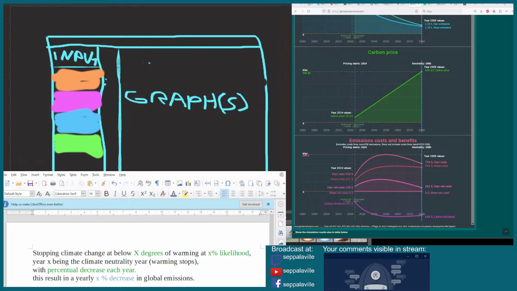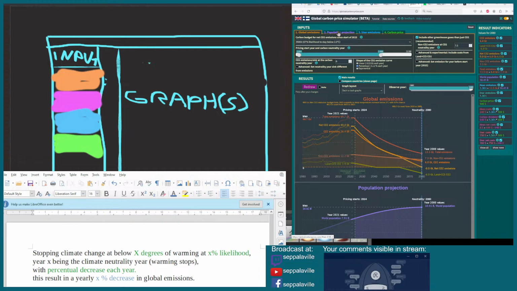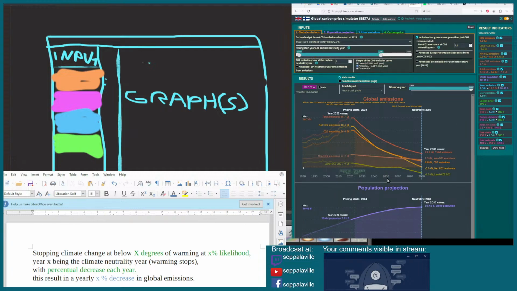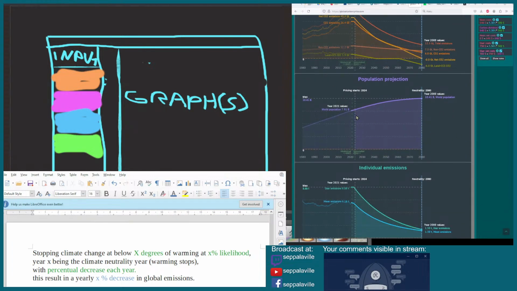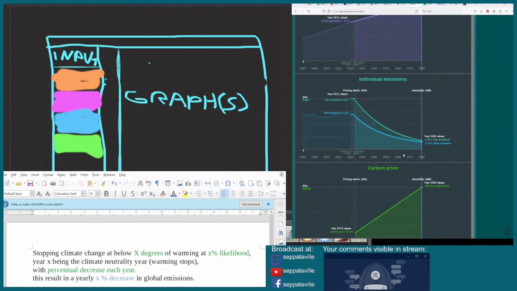We haven't had this kind of selection box or these tabs here to the top, and then the graphs in the graph section almost match. There's a global emissions tab here, then there's a population projection tab. Okay, yeah, there's a graph for the population projection. Okay, this also works for the carbon price.